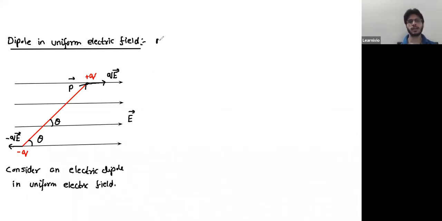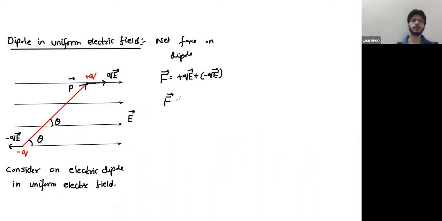First of all, let's calculate the net force on the dipole. The net force is simply the sum of force on positive charge and negative charge. So it will be the vector sum of QE and minus QE. You can see that QE and minus QE will cancel each other and the net force is 0.